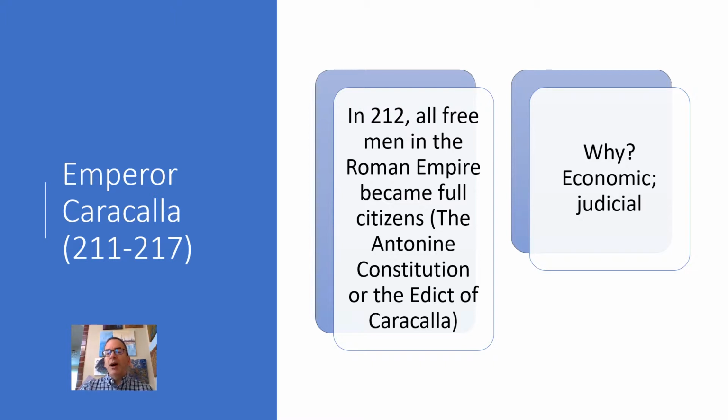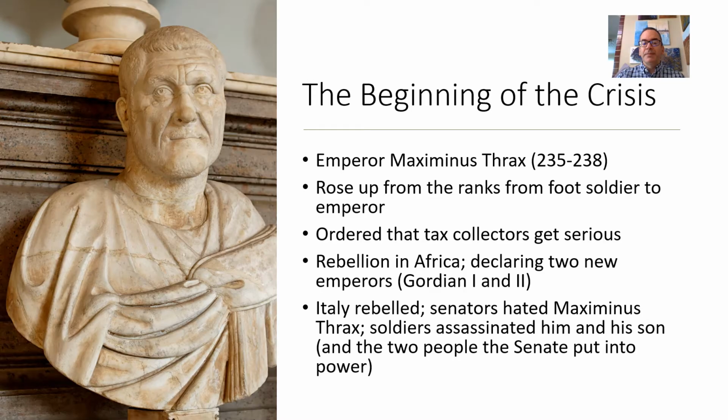If you think about why he was doing this, there are a number of different reasons that scholars have looked at. One was economic, because now these people can be taxed more easily because they're Roman citizens and everyone has to pay tax. Judicial, it made it a little bit easier for Roman laws to cover these people. So a couple of different issues going on here, but it was mostly a financial issue. Caracalla had to raise taxes, and this was an easy way to do it. And people were very happy to become citizens when they weren't before.